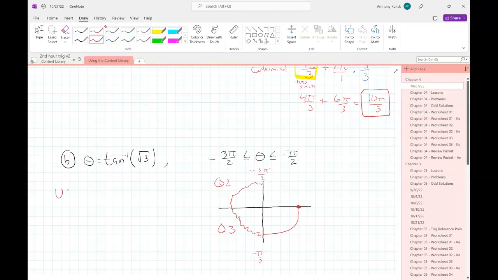So I'm going to go to my unit circle and look for where y over x is equal to the square root of 3. Or really, I'm going to think about it as the square root of 3 over 1. So I'm going to look for something where the y-coordinate has a square root of 3 in it, and the x-coordinate has a 1 in it.